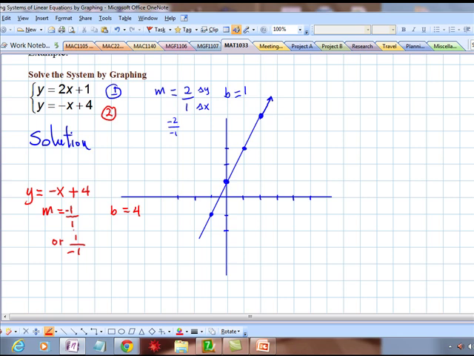It's the same. So to graph line 2, locate the y-intercept, which is 1, 2, 3, 4, right here.